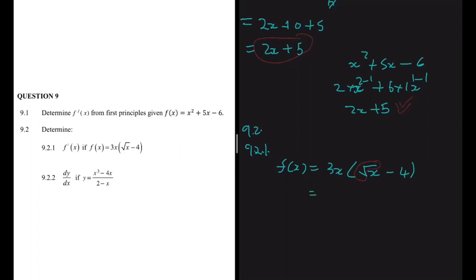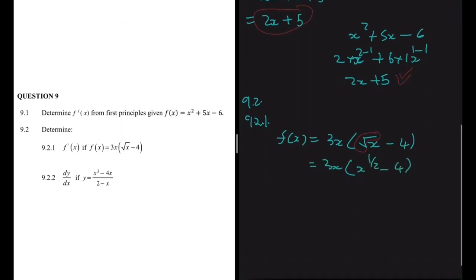So f of x, we can write it as 3x multiplied by x to the power half minus 4, right? So now we can further simplify. If we further simplify, we're going to get 3x, and we know that there's always a 1 here, right? So that will be 1 plus 1 half, so that will be 1.5, which you can write just as 3 divided by 2, minus 3 multiplied by 4, that is 12, so we have 12x, right?